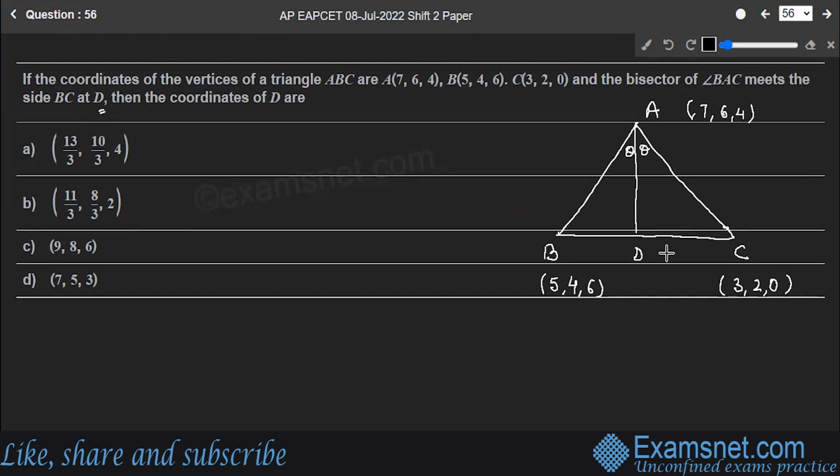So now this question will be solved by using the angle bisector theorem. What is that theorem? Let's quickly recap the angle bisector theorem.